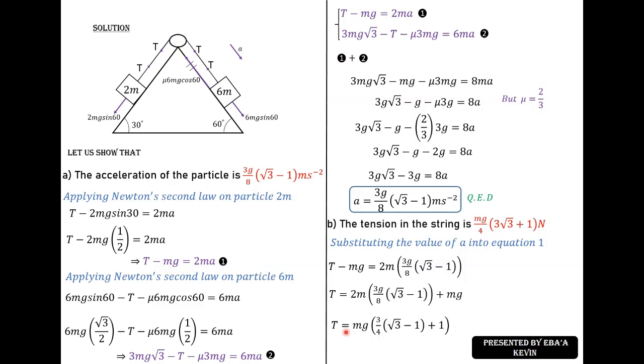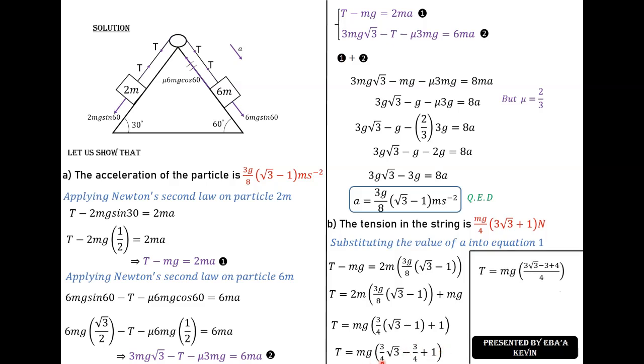So we are going to get the tension to be equal to mg then times 3/4 times square root of 3 minus 1, then plus 1, because we are going to be left with 1 since we factored out mg from the right hand side expression. From which, at this level, further simplifying, that is simply multiply 3/4 into this bracket. We're going to get T, the tension, to be equal to mg then times 3/4 then times square root of 3 minus 3/4 plus 1.